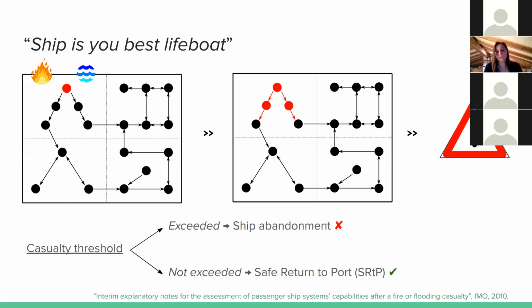So if you do not exceed the casualty threshold, you have a safe return to port scenario, meaning that the damage has been limited, you stay on the ship, which again is your best boat, and you remain there going to the next safe port. Otherwise, if you exceed this damage, you abandon the ship. Now, 3 hours are normally given for abandonment. So it's a pretty dangerous situation, which we would like to avoid. And the only way to do so is limiting the damage.